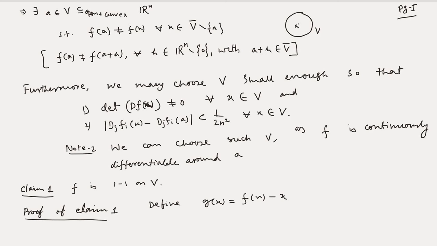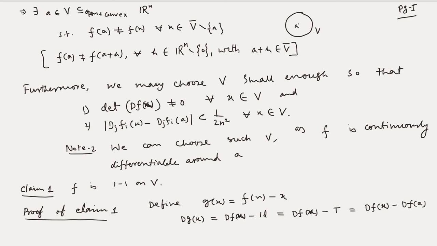Then dg, the derivative of g at x, is equal to the derivative of f at x minus identity, so this is equal to derivative of f at x minus derivative of f at a, where derivative of f at a equals identity.